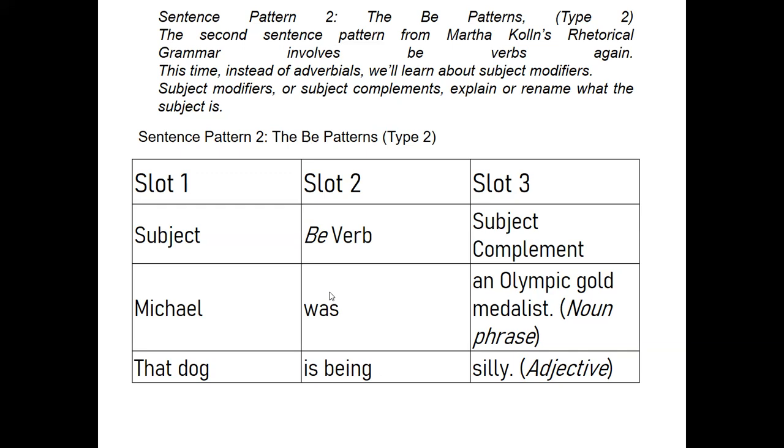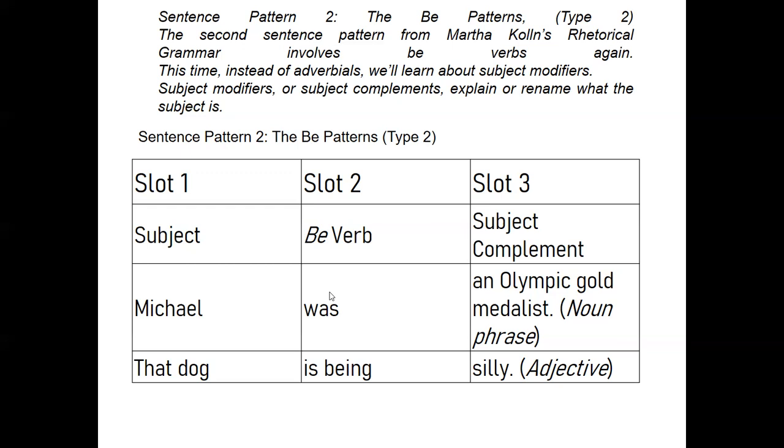Mr. Jethro is my teacher. So Mr. Jethro is the subject, is is the be verb, and my teacher is a noun phrase, and that is the subject complement.